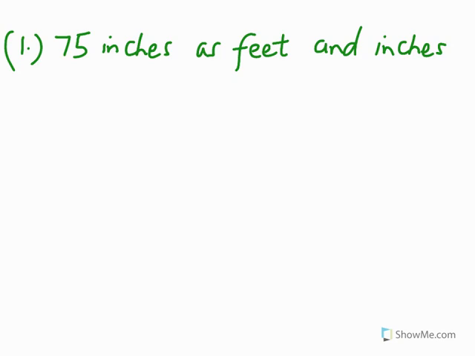With the second method, what we want to do is to convert it to feet. When we convert it to feet, we keep the integer, the quotient. We have quotient and remainder. We keep the quotient as the bigger unit, and we keep the remainder as the smaller unit.